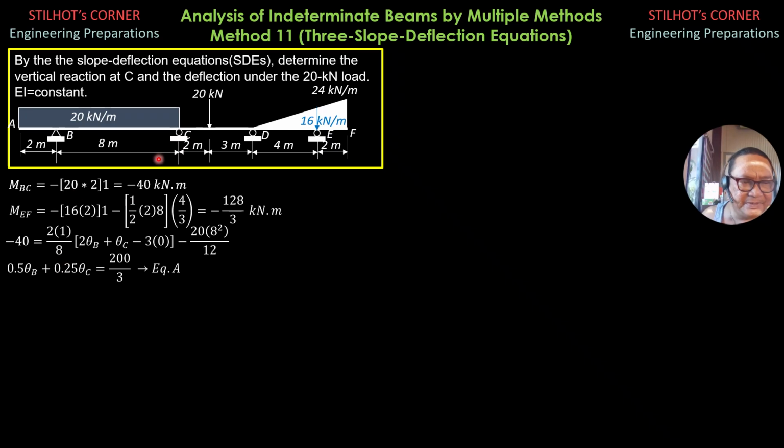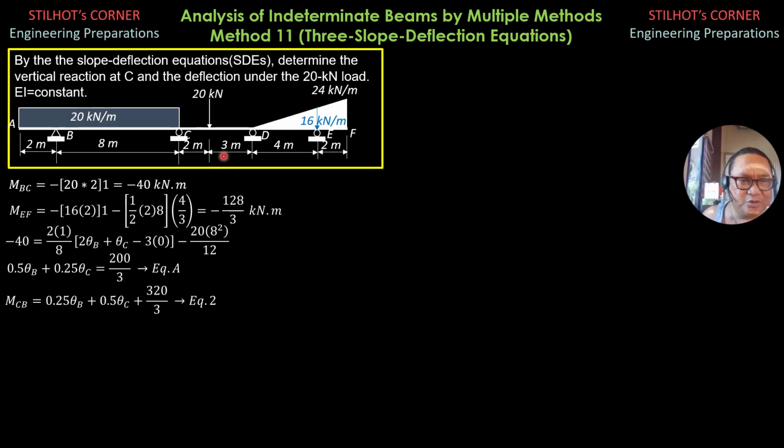Then MCB is 0.25 of theta B plus 0.5 of theta C. Then plus fixed end moment, which is positive W 8 square over 12. So this value here is just treated positive. Call that equation 2.